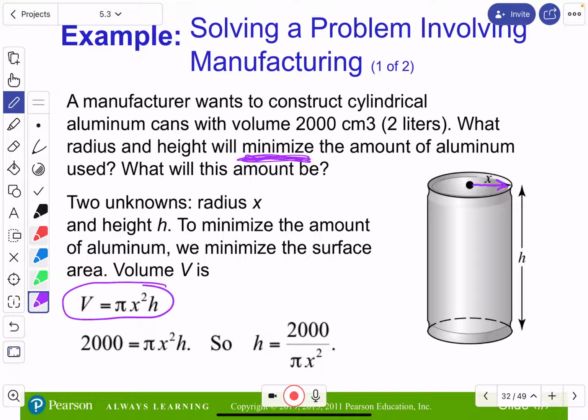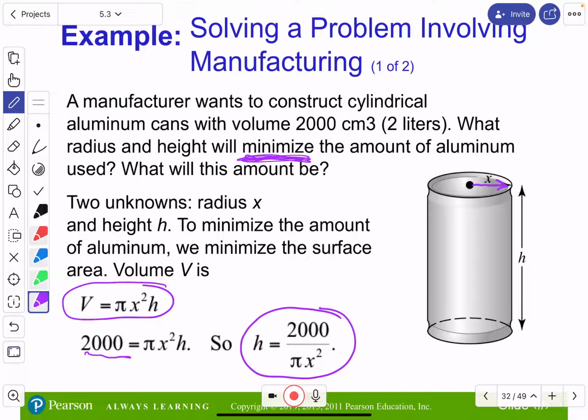So volume of a cylinder is pi r squared h, so there's our volume. We want the volume to be 2,000, so plug that in for v. And then we solve for h, because we're trying to minimize one of them. And x is squared, so it's easier to solve for h.